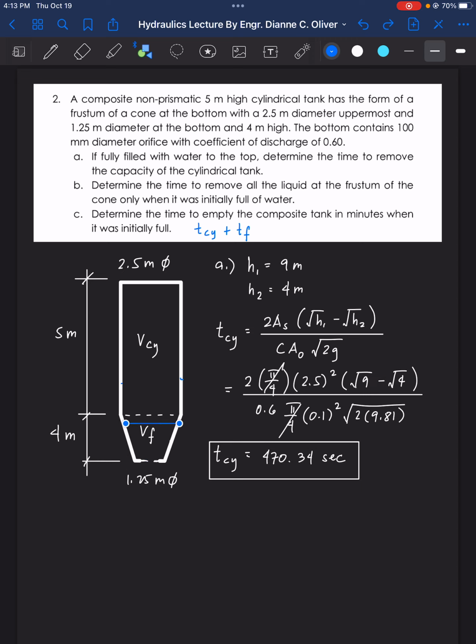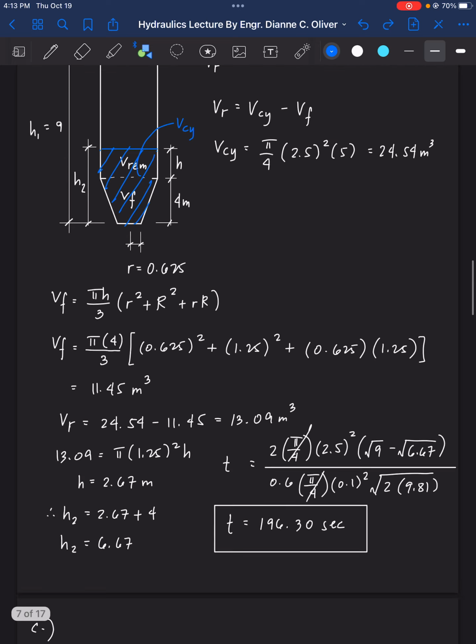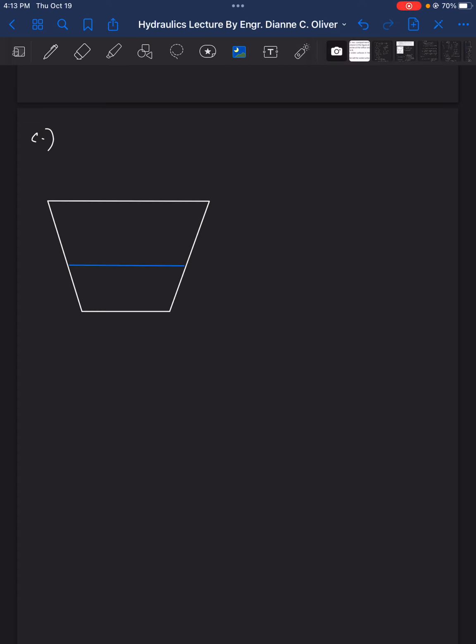How do we solve for time when the surface area is changing? So that is our situation C. The surface area here is changing, so we will need to solve using integration. So we will integrate this solution because as you can see it will change.